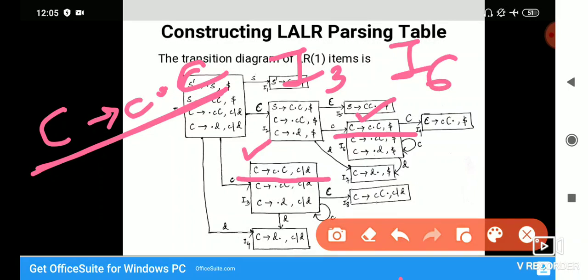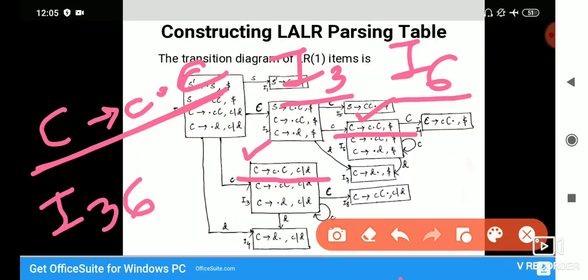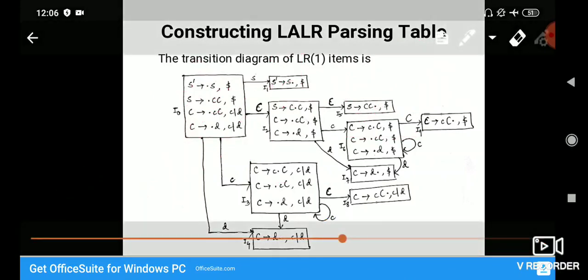Okay, so what will we do? We will combine these two states I3 and I6 into one, and it will be written as I36.